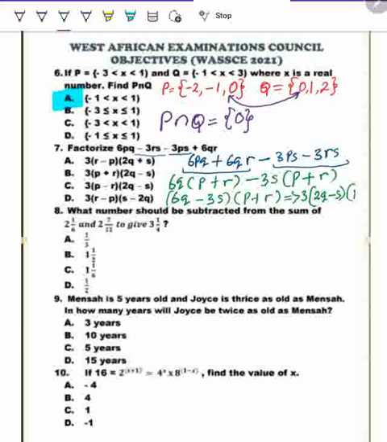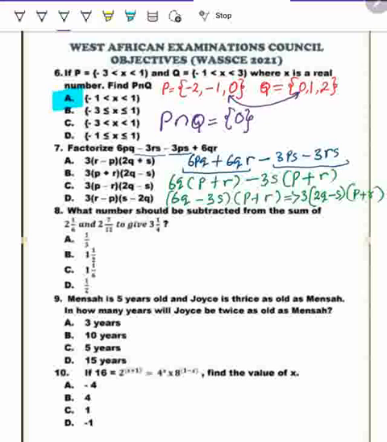Then the other factor, we just pick that. So it's going to be 3 into 2q minus s, bracket close, open a bracket, p plus r. This is going to be the answer.